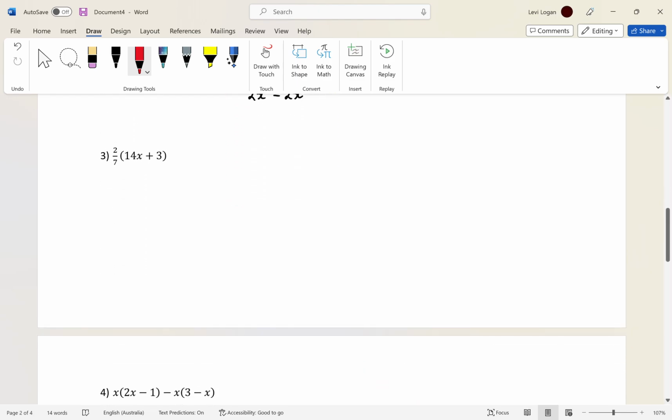If you want to have a go, just expand and simplify question 3. This one is pretty much the same as the first one. There is no x out the front, it's just got 2 over 7. That's quite a nasty number because it's a fraction, but it's the same principle as before. This is saying 2 over 7 multiplied by 14x plus 3, okay? All you have to do is distribute 2 over 7 to the 14x and to the 3.